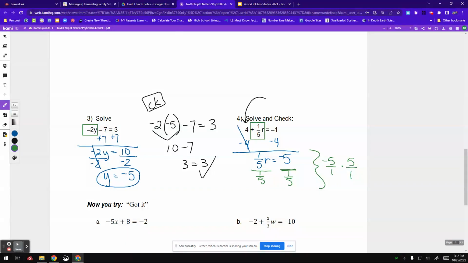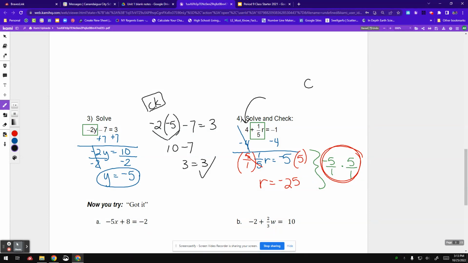And so a little shortcut that you could do when you are multiplying by a fraction would be to multiply by the reciprocal. So you could multiply by 5/1, which is the same as 5, because look, if you had to copy, change, flip, that's what you'd get anyway. So r equals negative 25.